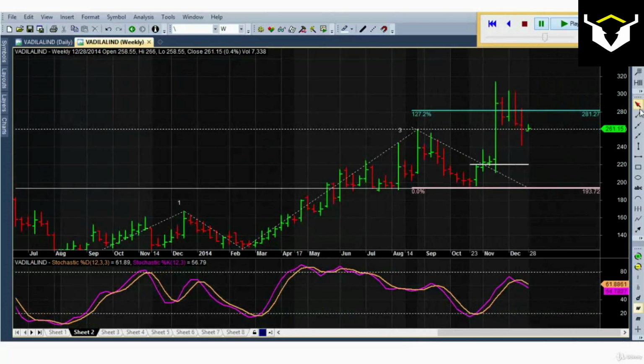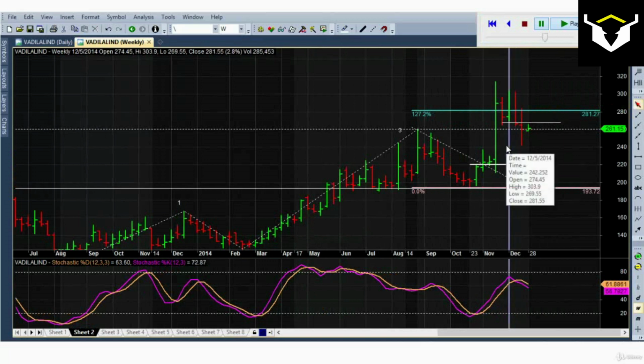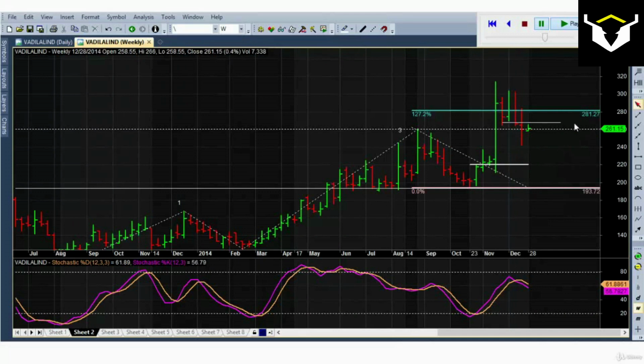So as of this bar low, we could be stopped out at 269. So we made an entry at 220 with a stop at 195 and made an exit at 269.